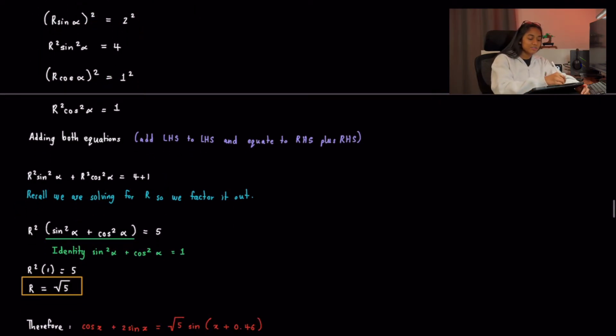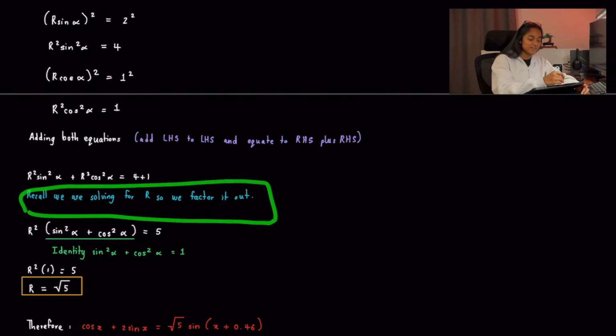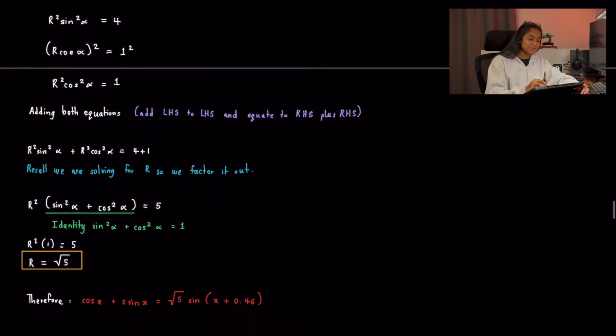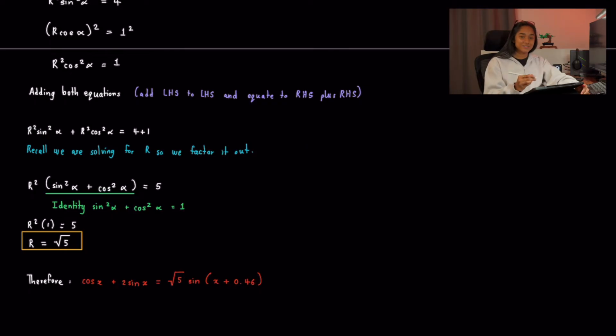So we're going to solve for r, so we're going to factor it out, and this will be simplified to 5, and we'll get r squared. And look at this now. Because we factored it out, we could easily see an identity. We know that sine squared theta plus cos squared theta is equal to 1. So we'll have r squared multiplied by 1 is equal to 5. And we know that r is equal to the square root of 5.